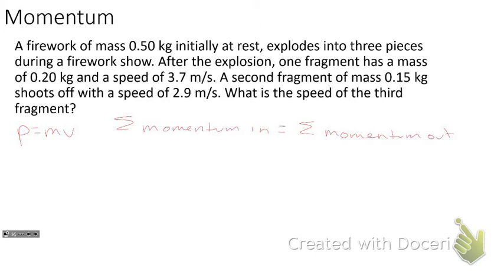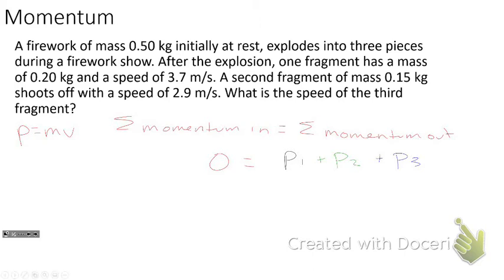So going in, we have zero momentum, and going out, this firework is exploding into three pieces. So we're going to have the momentum of 1 plus the momentum of 2 plus the momentum of 3. That's how we set it up.